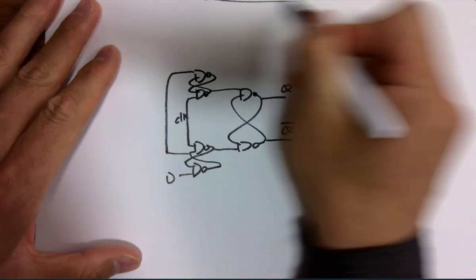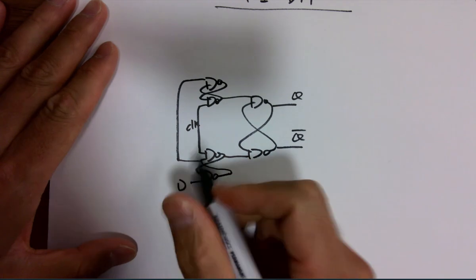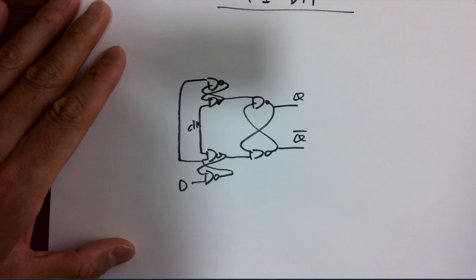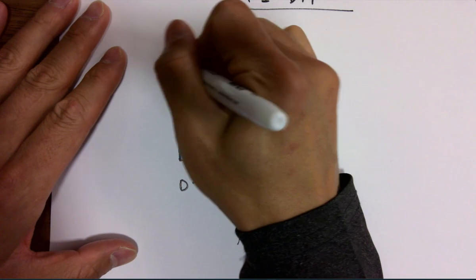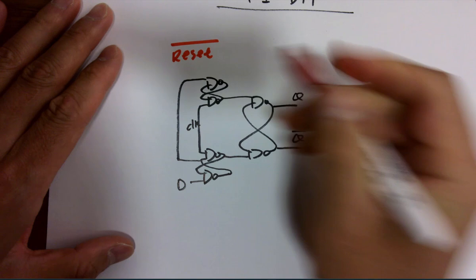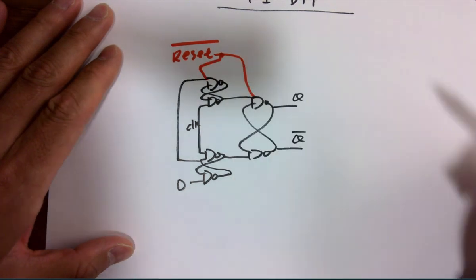Remember that we already verified that this is a rising edge trigger DFF, right? And if we put a reset here, it's active 0. It's being fed into here and here.